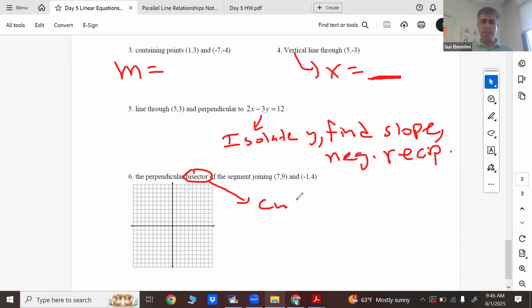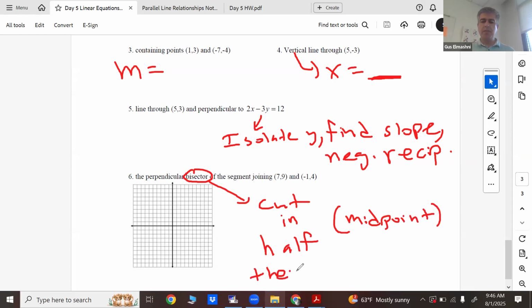To cut what? Cutting what if you're bisecting? So you need the midpoint. Then the perpendicular slope, because it's perpendicular. So go and do this. I'll walk around and help you guys out. We'll work that out.